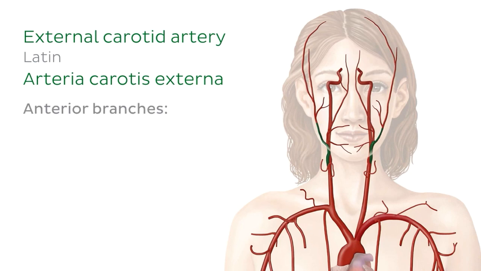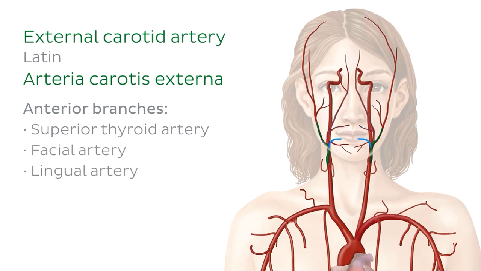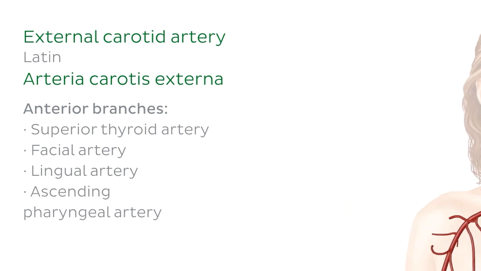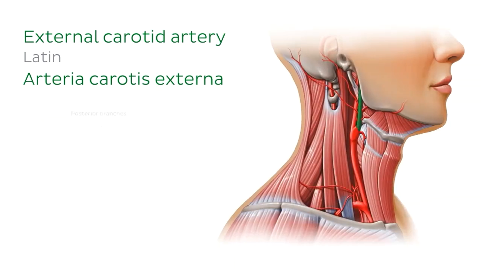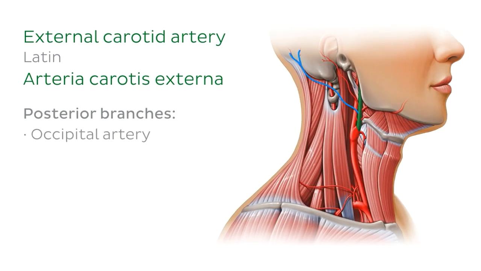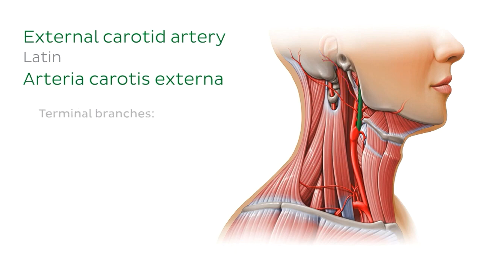The anterior branches include the superior thyroid artery, the facial artery, the lingual artery, and the ascending pharyngeal artery, while the posterior branches include the occipital artery and the posterior auricular artery, both of which we can see clearly on this lateral view just here. And finally, the terminal branches include the maxillary artery and the superficial temporal artery.